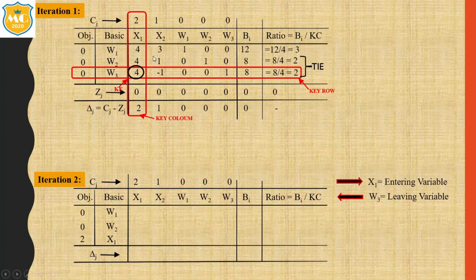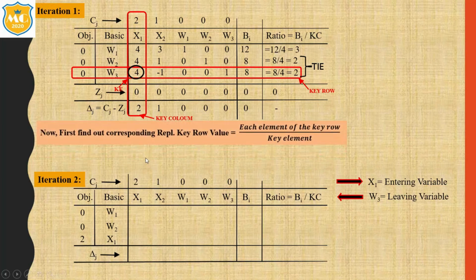Next we have to first find out this key row value. In that we have to use this equation. Replacement key row value is equal to each element of the key row divided by the key element, means 4 divided by 4, minus 1 divided by 4, 0 divided by 4, similarly 8 divided by 4.